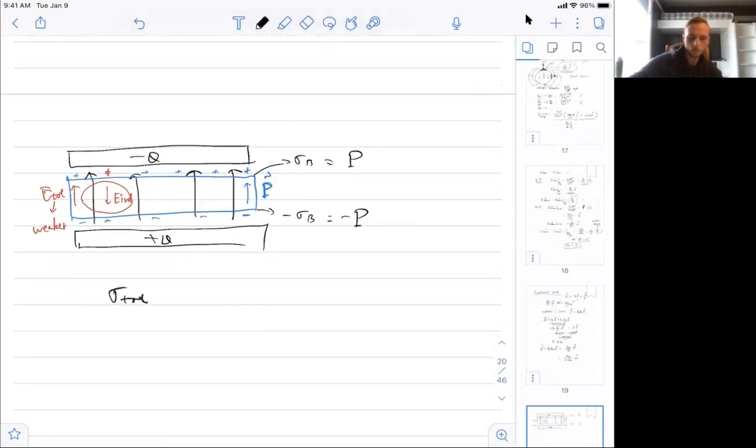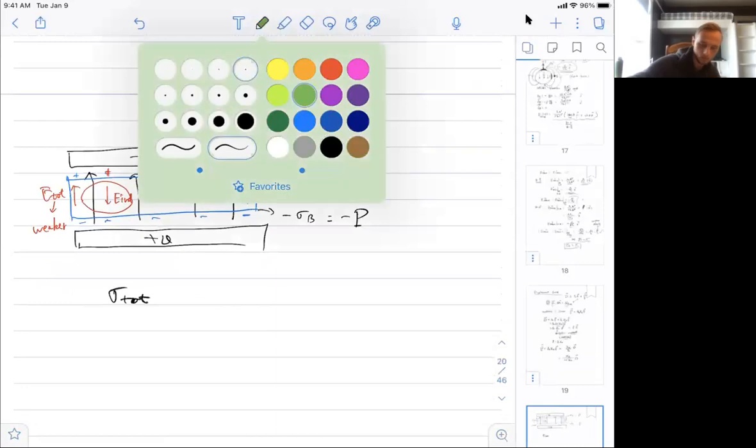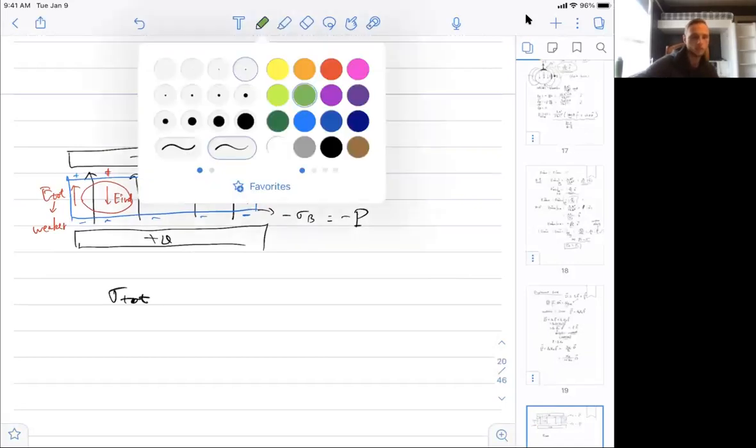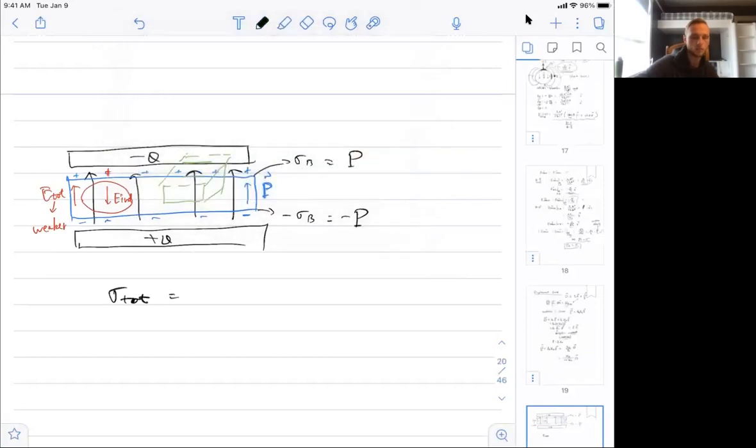Sigma total. So you can calculate your E field by saying, okay, if I draw a Gaussian cylinder here at the surface, right? You can see I'm enclosing both the free charge and the bound charge. So the total is going to be sigma free minus sigma bound.